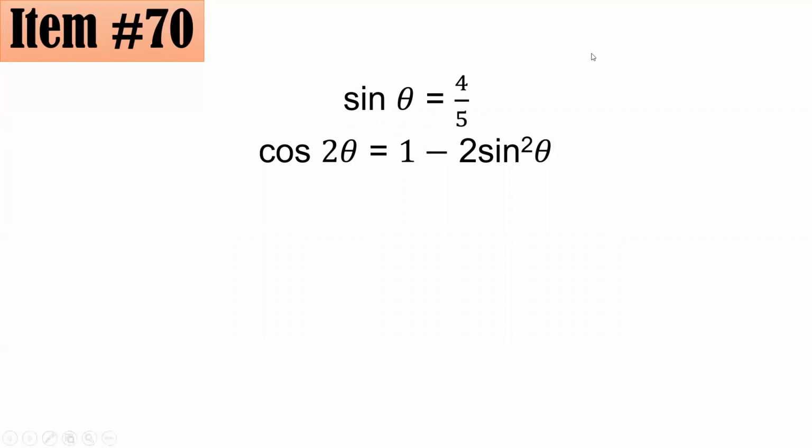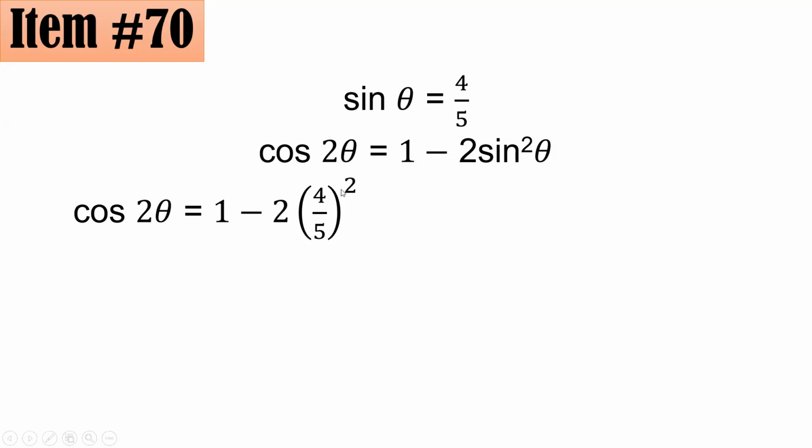But the one involving sine theta is cosine 2 theta is equal to 1 minus 2 sine squared theta. So knowing that sine theta is 4/5, sine squared theta means yung value ng sine theta na 4/5 ay isa-square po natin. By substitution, you have cosine 2 theta equals 1 minus twice the square of 4/5.